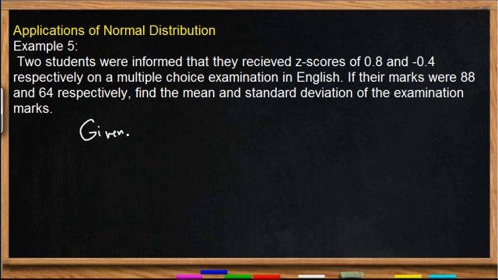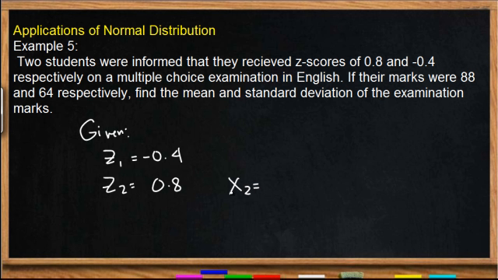Given is ang z-scores, ang mga z nila nga value. Z1 denote nato as pinakagamay, which is negative 0.4. Z2, ang dako nga value sa Z, 0.8. Ang score nila, kaning Z nga 0.8, nag-correspond sa value niyang X, which is the actual score.